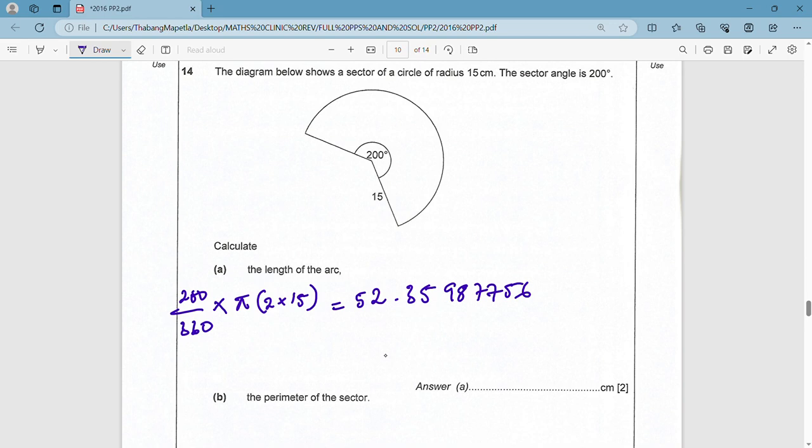Then round to one decimal place, so it rounds up, and it becomes 52.4.